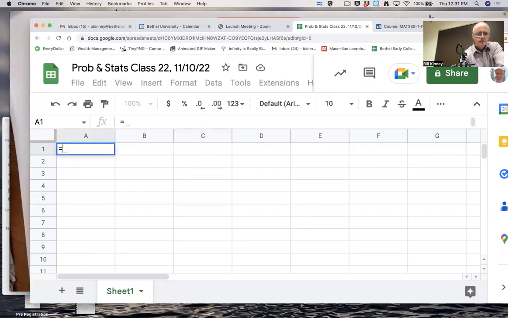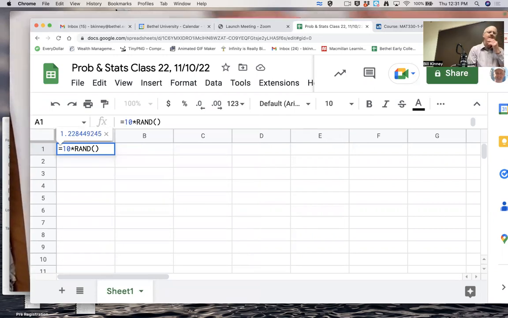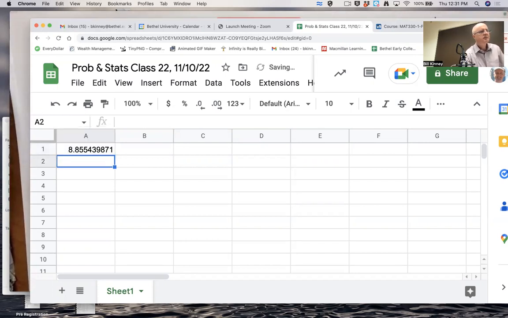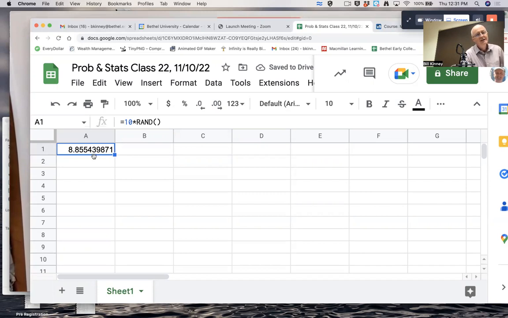So 10 times rand is what I can use. Don't be bothered by the fact that the numbers change all the time. Random samples of size 10, say, n is 10.